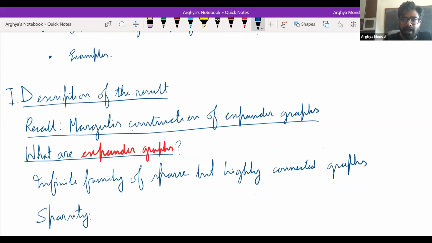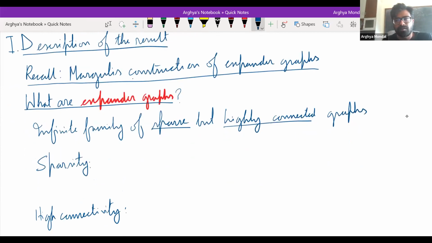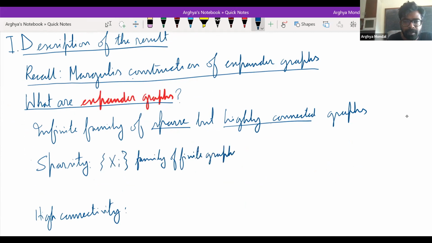So expander graphs are a family of sparse but highly connected graphs. So what do I mean by sparse and what do I mean by highly connected? Sparsity is not the property of one particular graph, it is the property of the family of graphs. So suppose I have a family of finite graphs, and I assume that the set of vertices, which I denote by xi0, goes to infinity.